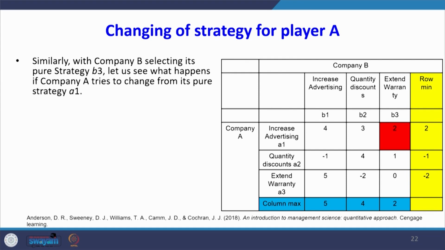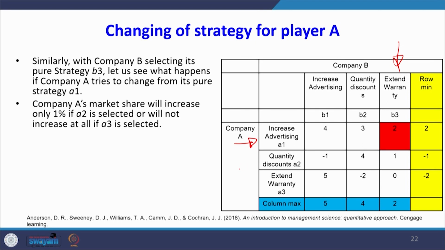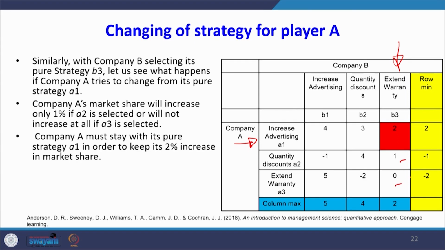Similarly, with company B selecting its pure strategy B3, let us see what happens if company A tries to change from its pure strategy A1. So, this B3 is fixed. If company A is fixed at A1, in case it moves to other options, for example A2 or A3, company A's market share will increase only 1% if it goes for A2, and will not increase at all if it goes for A3, that is 1, 0.